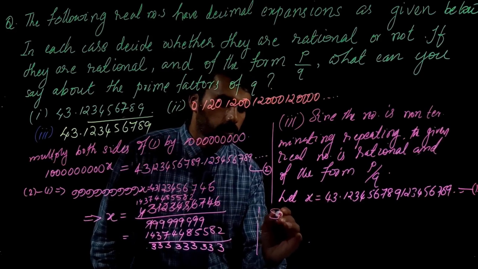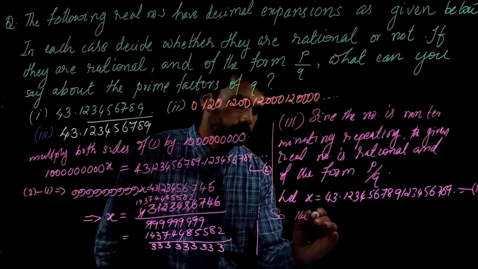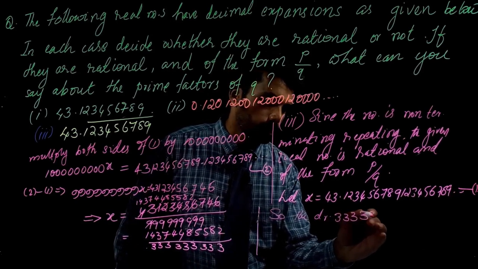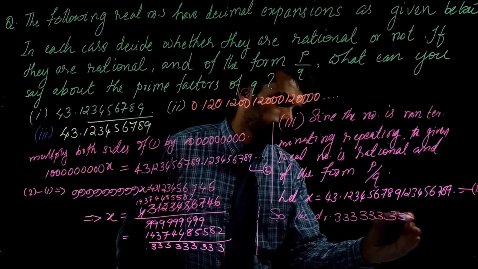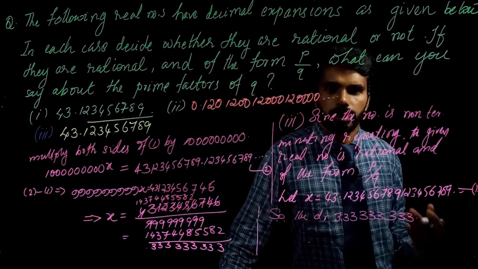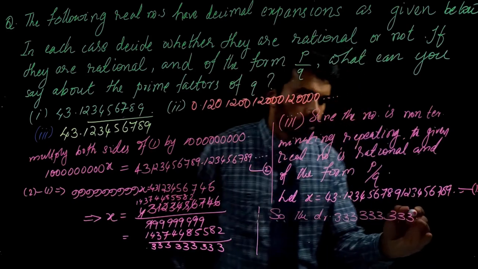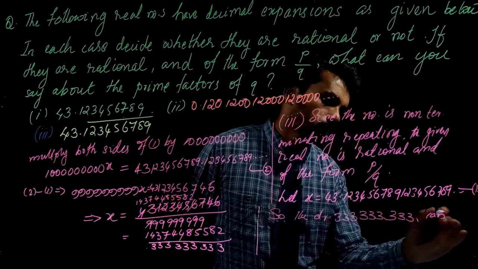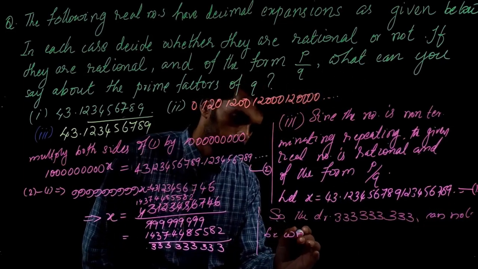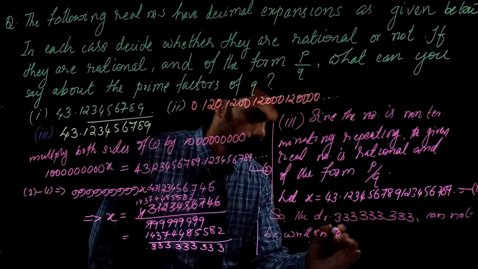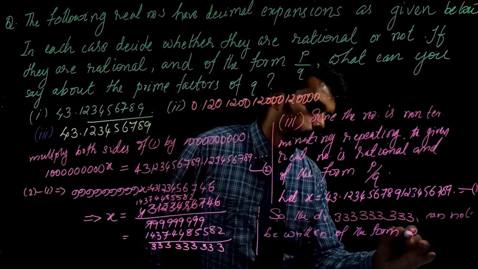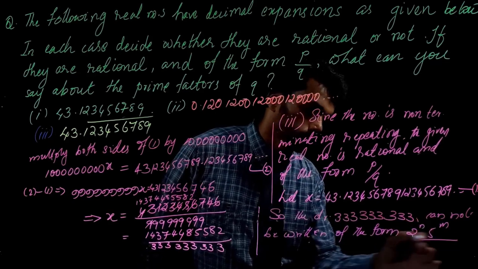So the denominator is 333333333, which cannot be written in the form 2 raised to n into 5 raised to n.